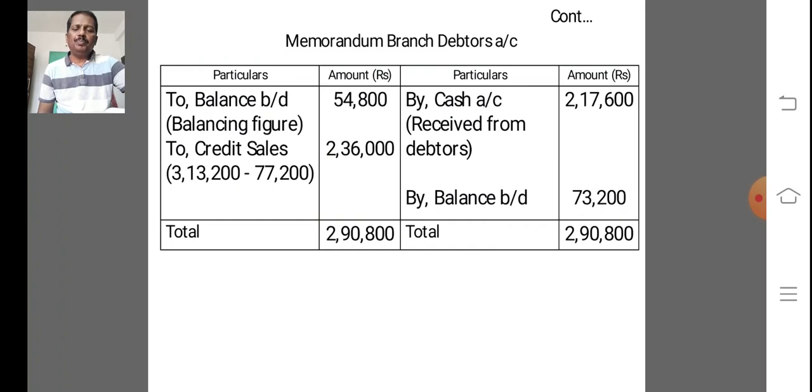Apart from the above items, the value of fixed assets at the end of the accounting period must be shown after adjusting the depreciation. So in this problem, we prepare the branch debtors account for finding out the opening balance of debtors, because the opening balance is not given in the problem.